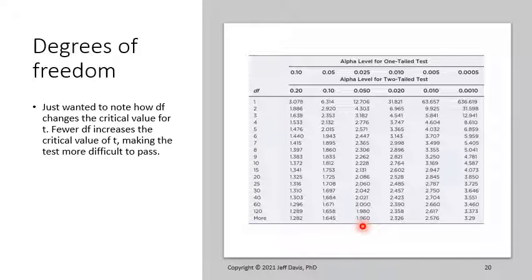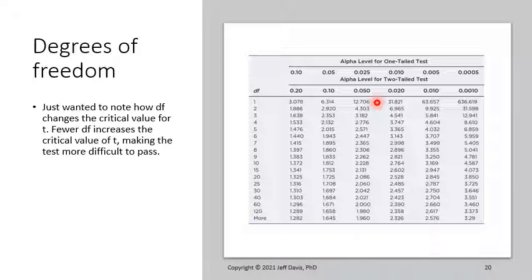The critical value for t is 1.96 after 120 degrees of freedom. So if you have more than 120 degrees of freedom, you can just use 1.96 as the critical value for t. But if you only have 1 degree of freedom, look at the critical value. The critical value jumps tremendously.